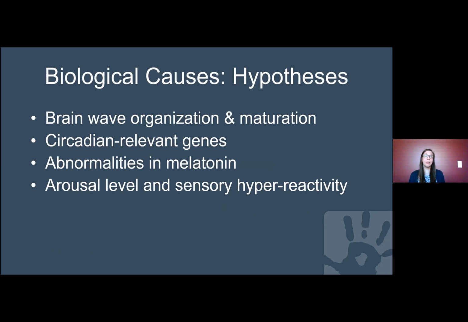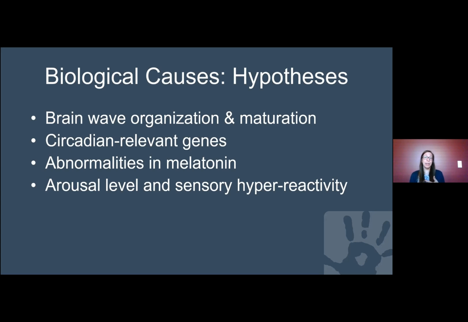There have also been some hypotheses and studies that have looked at genes and genetic changes related to what we call the circadian system. The circadian system is the clock setting, how your body knows when it's time to go to sleep. And there have been some changes found in kids with autism in some of those genes at times. There's also been some concern about abnormalities in a hormone called melatonin.